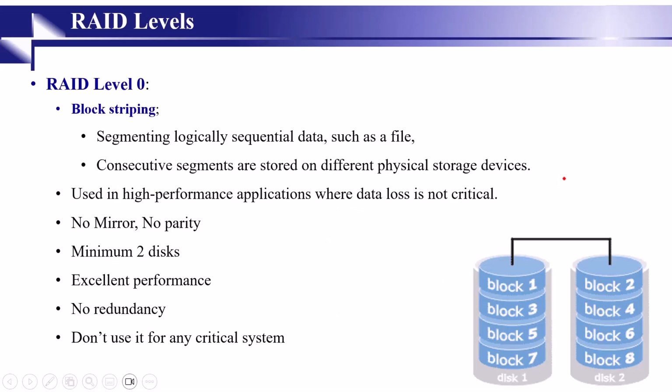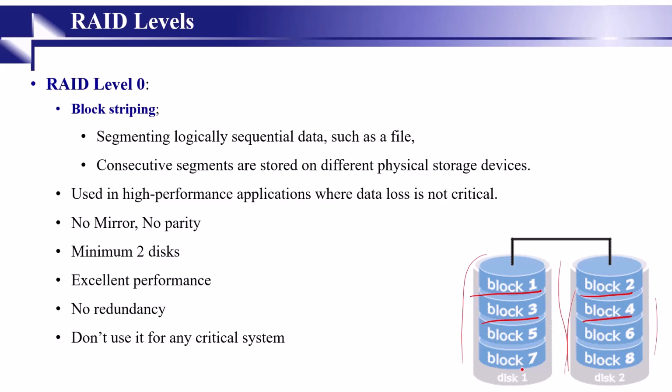Here is RAID level 0. This one is all about speed. It uses block striping, which means it takes sequential data like a file and splits it into chunks stored across different disks. So you can see here we have two disks, and we divided the file: first block on this disk, second block here, third block here, fourth block here, right?